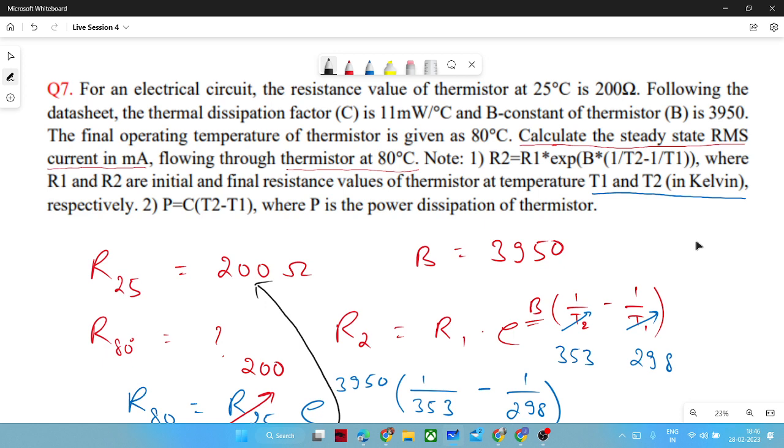P will be equal to I RMS square R. Since R we have calculated at 80 degrees centigrade, we can compute power loss, power dissipation of thermistor, right? From this expression, C is given in the problem, right? So we will move ahead with this.